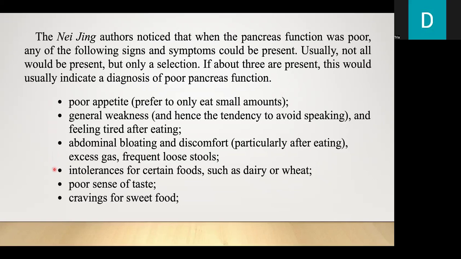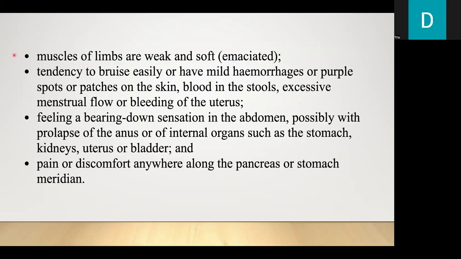There's also intolerances of certain foods such as dairy or wheat, poor sense of taste, cravings for sweet food, muscles of limbs that are weak and soft or emaciated.